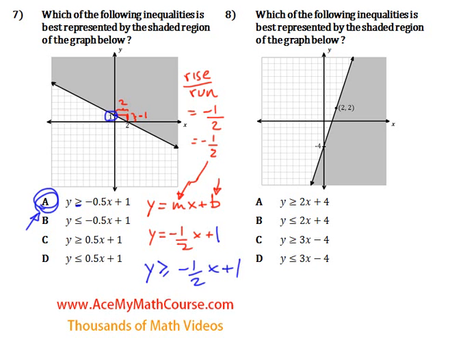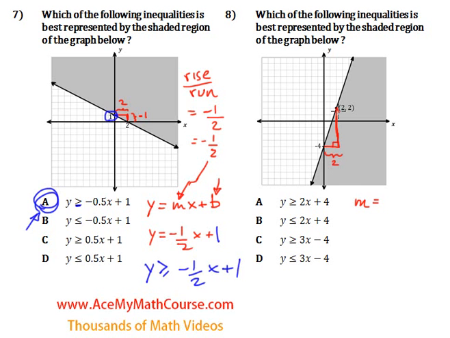Question number 8. Which of the following inequalities is, well, this is just the same question. Now, we're looking for the slope to get started. And the slope is the rise over the run. The run is just 2 because we're going from 0 over to 2.